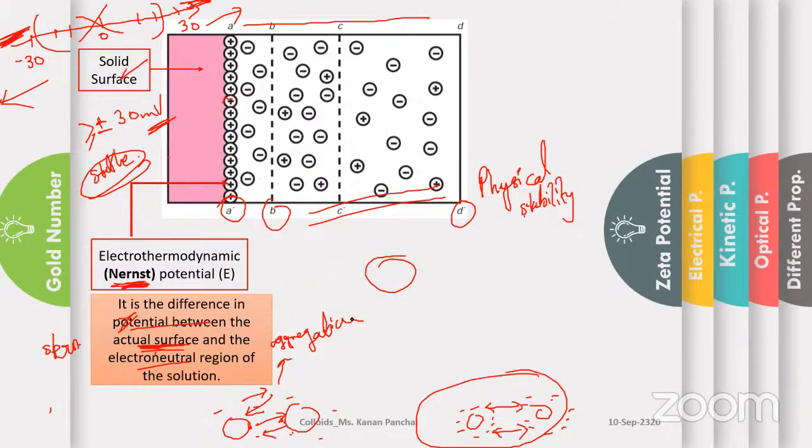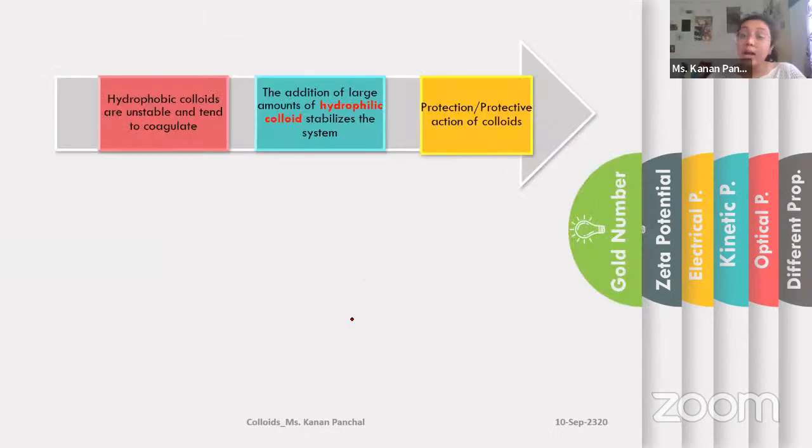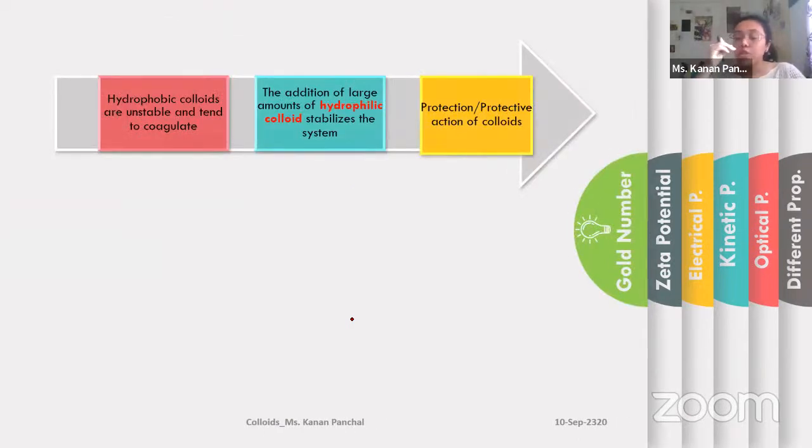Okay. Next, moving on to another important property of colloids, which is the gold number. And I'm telling you, zeta potential and gold number are important with respect to your GPAT NIPER also. Okay?